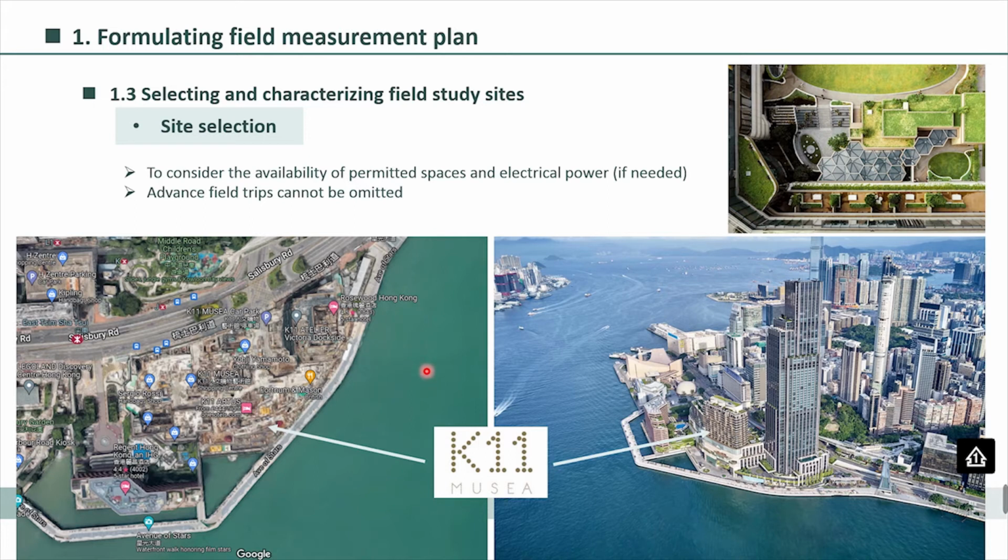So for example, this is the K11 Museum. It is a shopping mall, but in Google Maps, this place is under construction. But actually, this shopping mall has been built. So if you don't take a field trip, you will miss this perfect measurement site because it has beautiful green roofs and vertical greenings.